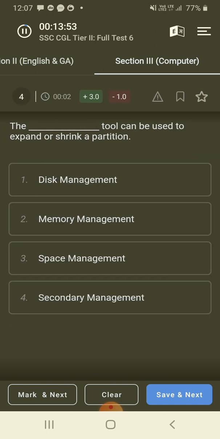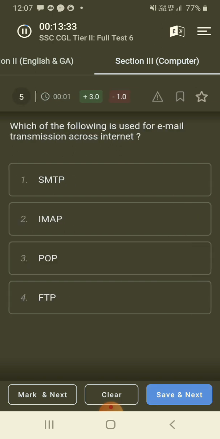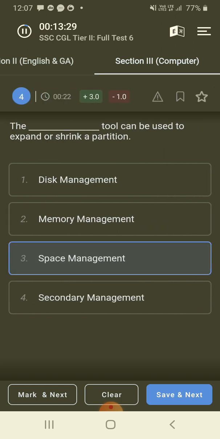The disk management tool can be used to expand or shrink a partition.